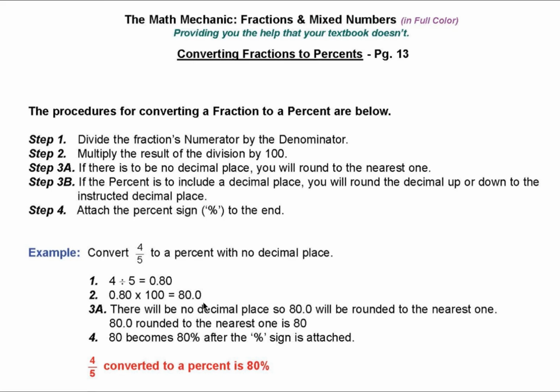Now we move on to step 3. The instructions say no decimal place. Therefore, we will perform step 3a.